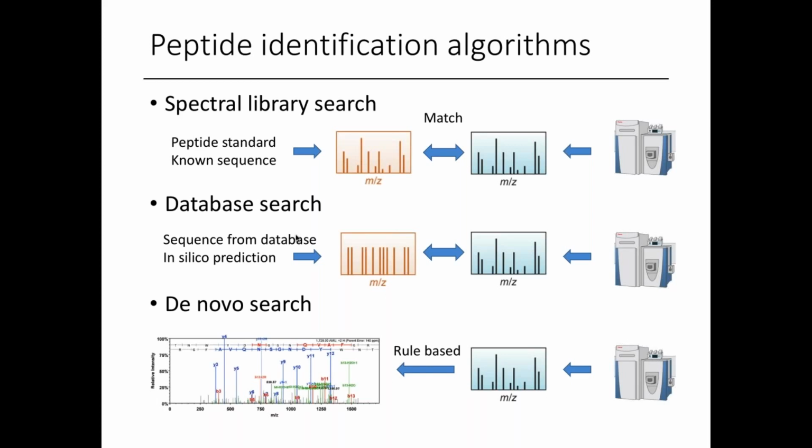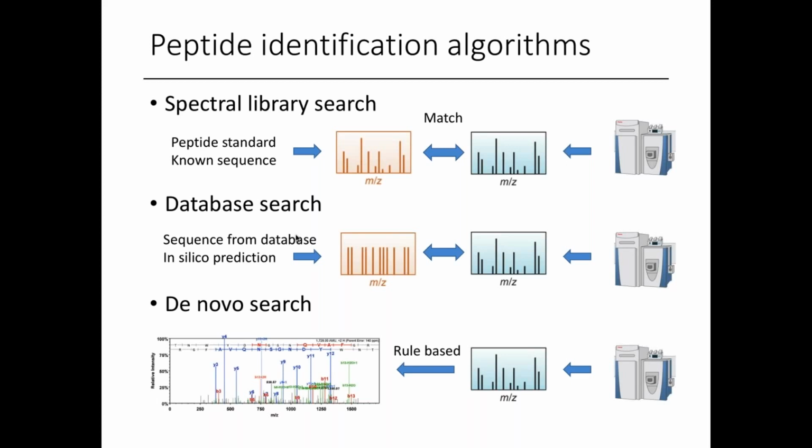Also, for each different instrument type, you need a new spectral library. For example, if you have a spectral library obtained from an ion trap instrument, you cannot use it directly to match TOF instrument spectra. That would be a mismatch because different instruments give different fragmentation patterns.